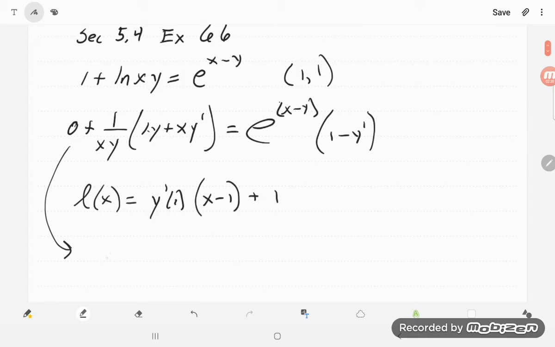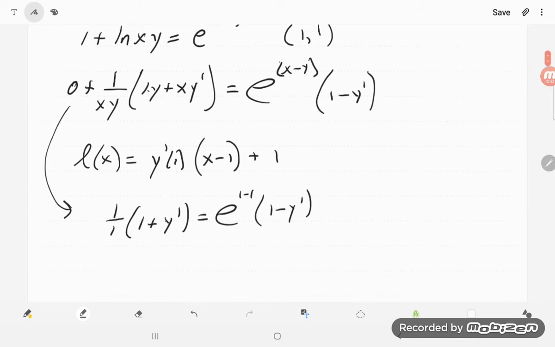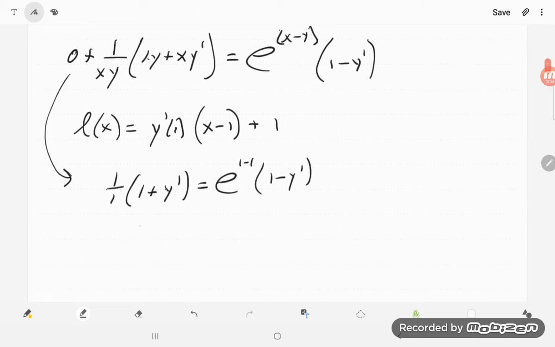So if I do that, this equation up there becomes, no 0, I won't worry about the 0, and I have 1 over 1 times 1, plus 1 times y prime, so I get y prime there, equals e to the 1 minus 1, which is just e to the 0, which is 1, times 1 minus y prime. So that simplifies into 1 plus y prime is equal to 1 minus y prime.